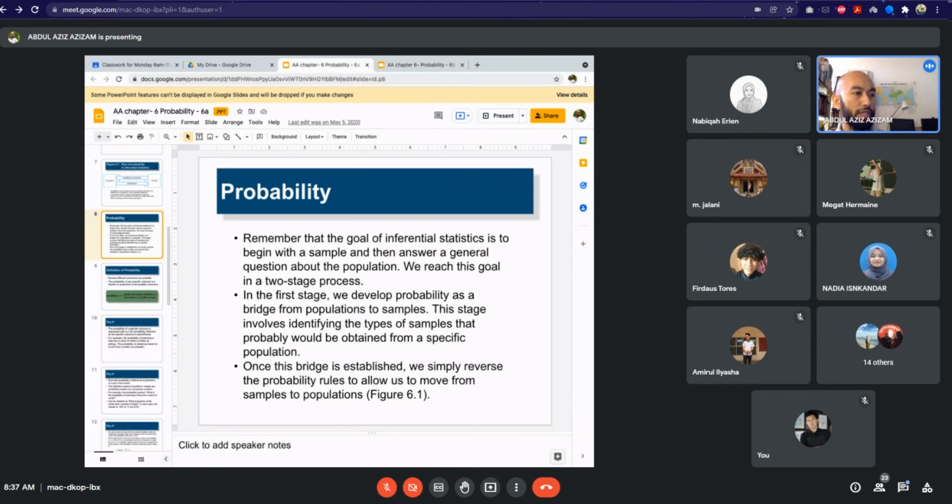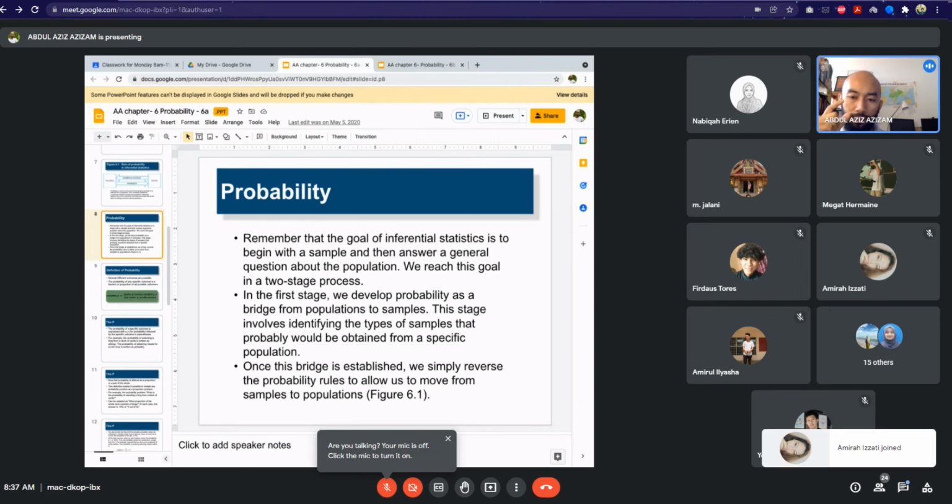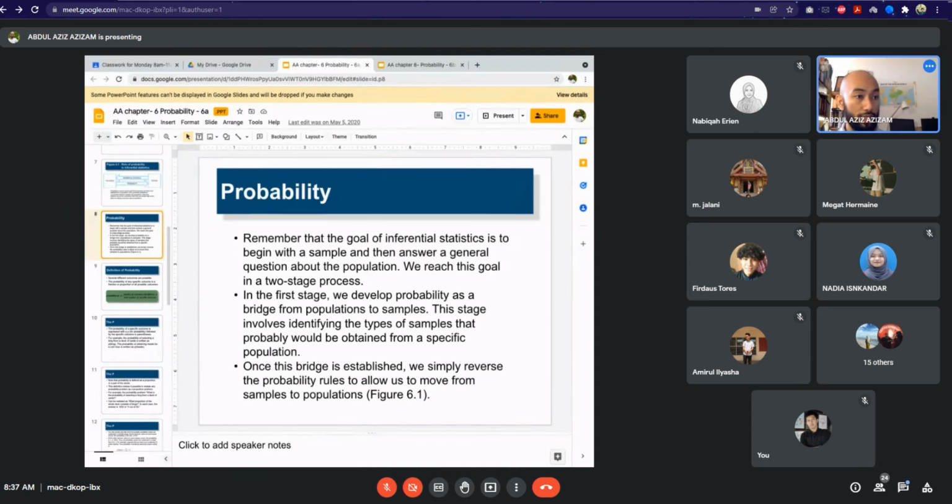Once this bridge is established, we simply reverse the probability rule to allow us to move from sample to population. So we use probability as a bridge to connect from the population to sample and sample to the population. Sama je. Tapi itulah fungsi probability.